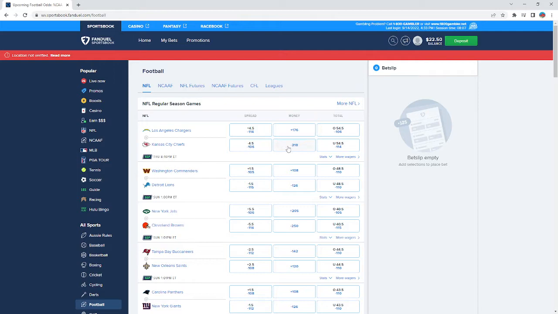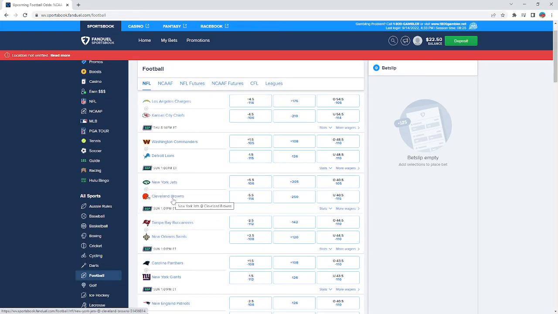In this situation, a team that's a minus 210, like the Chiefs versus the Chargers tomorrow night, or the Lions minus 126 versus the Commanders on Sunday, this minus team is the favorite.